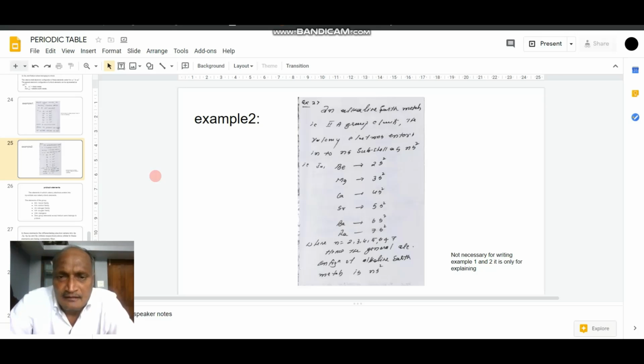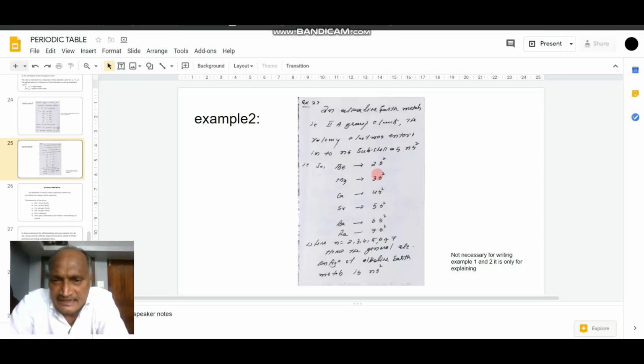When we come to the example of beryllium, having atomic number 4, its configuration can be written as 1s2, 2s2. As the atomic number of beryllium is 4, the configuration is 1s2, 2s2.